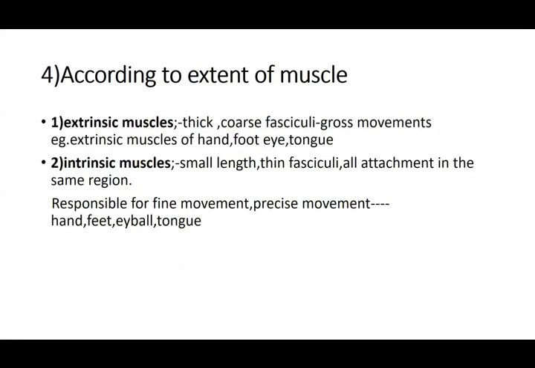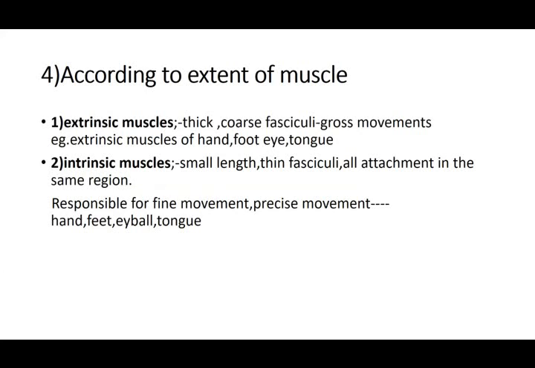Then extent of the muscles, there are certain extrinsic and intrinsic muscles. Extrinsic muscles are those which have both ends which are outside the organ, that is their gross movements. And intrinsic muscles are small. They are attached in the same region. If it is an eye muscle, the origin and the insertion both lie inside the eye.